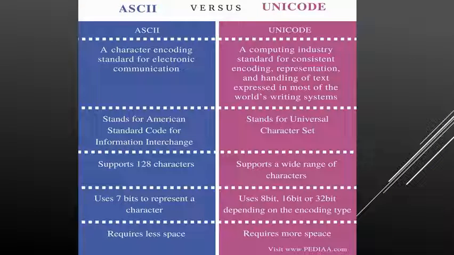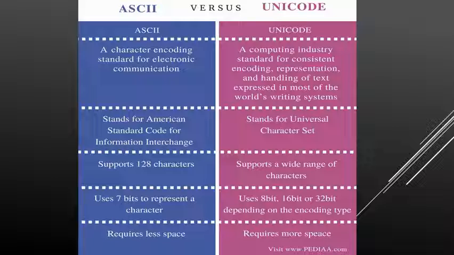ASCII versus Unicode. ASCII is a character encoding standard for electronic communication, whilst Unicode is a computing industry standard for consistent encoding, representation, and handling of text expressed in most of the world's writing systems. ASCII stands for American Standard Code for Information Interchange, whereas Unicode stands for Universal Character Set.